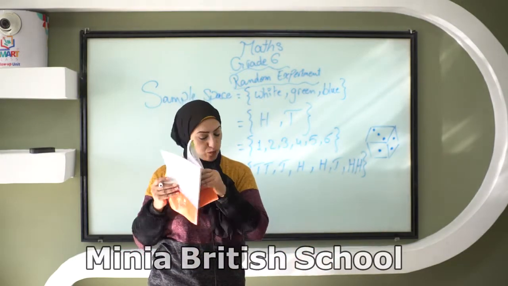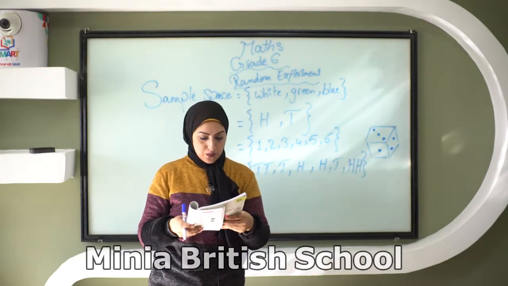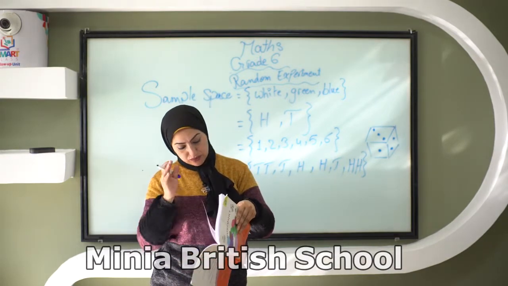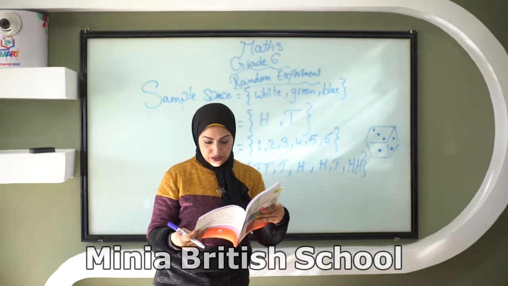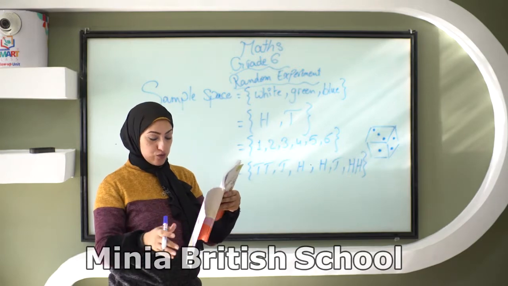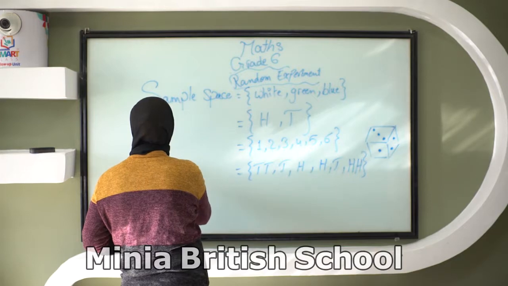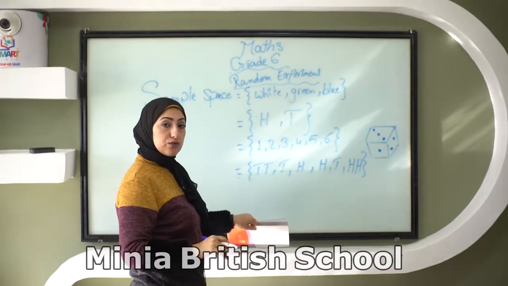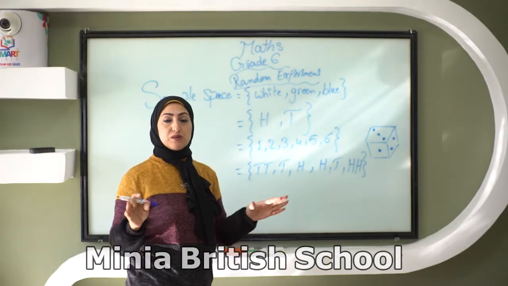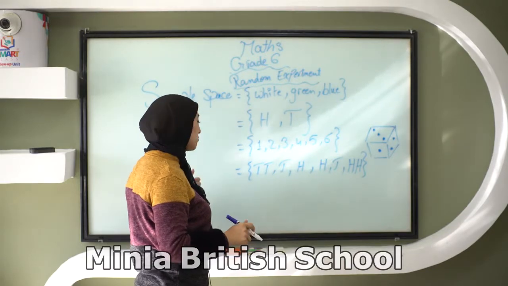Let's see some questions here in page 102. In page 101, if I have 2 and 3, these are 2 digits, and I want to know all the possible numbers that I can form from these two digits.